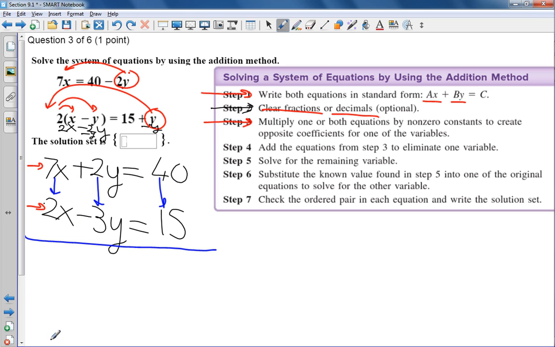You have one weapon. Again, multiplication is one tool. You can use it anytime you wish. By multiplying either the first or second or sometimes both equations, you can get these coefficients matching with opposite signs. Oppositeness is important. They need to be opposite so they can cancel.